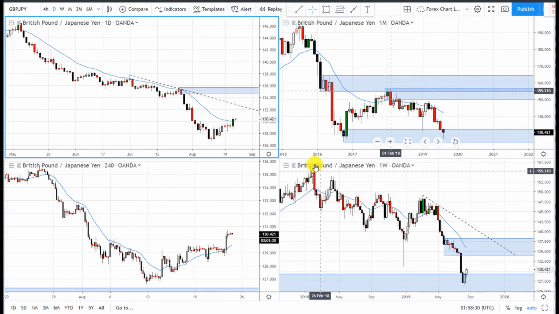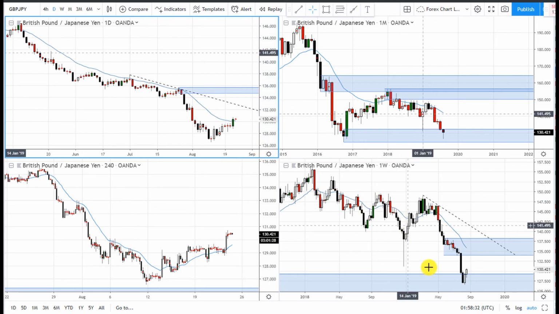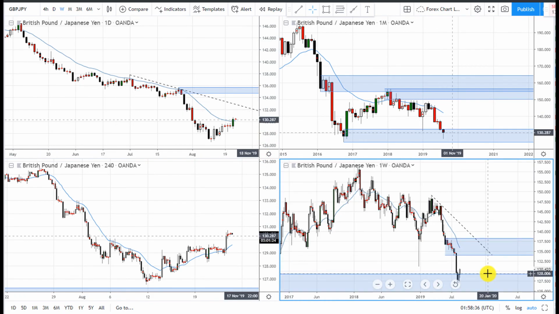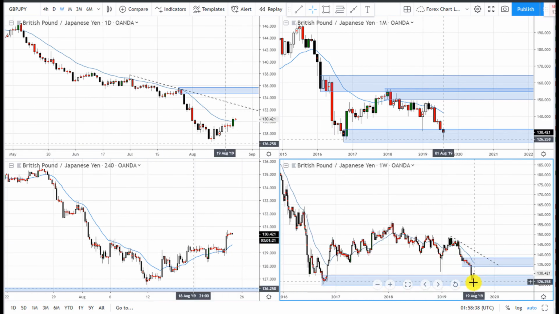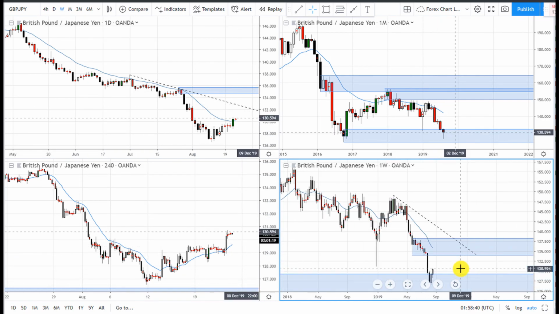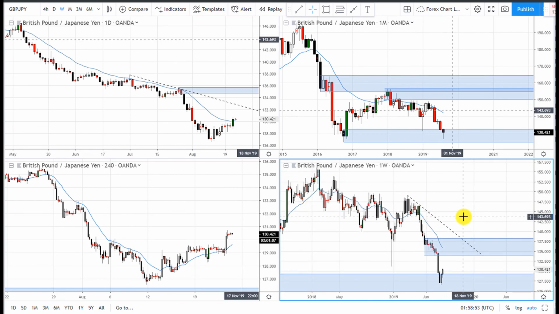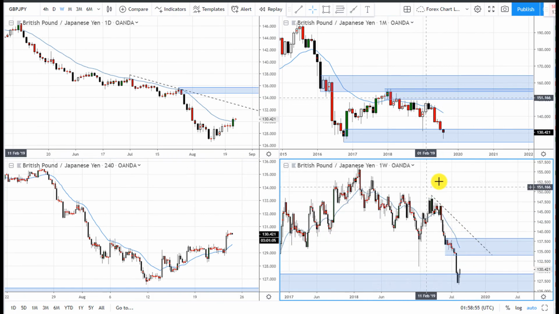Otherwise, you just have to patiently wait, and sometimes price may not do what you want it to do. Maybe sometimes price could go up and then not even touch this and go back down and break this zone, because all of our time frames are telling us that we're in a downtrend.